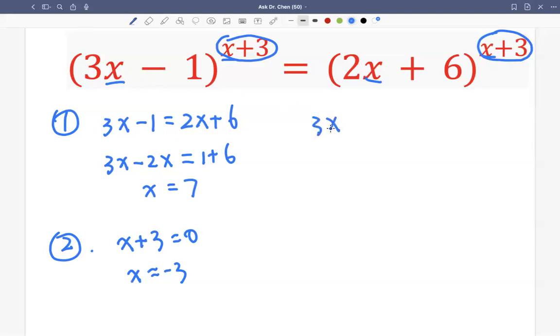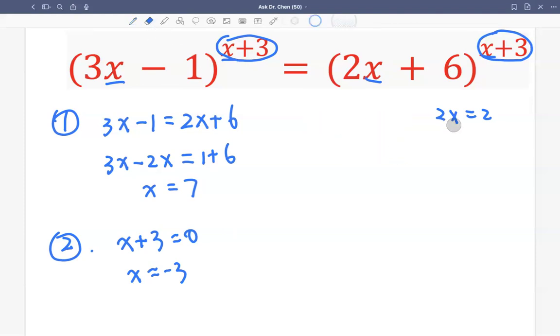Because if 3x minus 1 equals 1, that's 3x equals 2, x equals 2 over 3. But then if x equals 2 over 3, the right-hand side won't be 1. Then what about -1? That means x equals 0. But then the right-hand side will not be -1. So we have checked, and we only have 2 solutions.